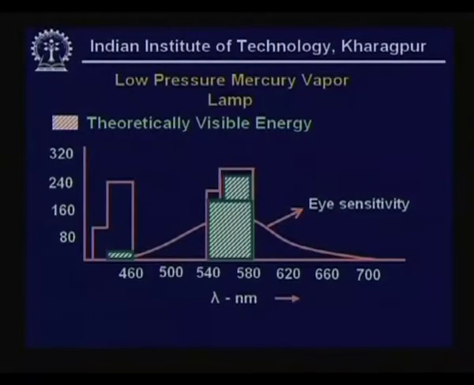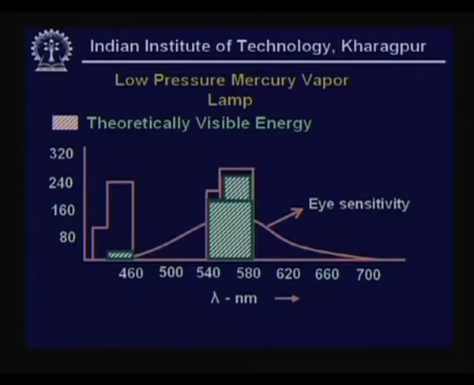When you come to look at the high pressure mercury vapor lamp, we find on a comparative footing to the low pressure mercury vapor lamp it is a little more, because it has shifted a little more towards the central zone where the eye sensitivity is a maximum. So, having said so much, what have we seen?